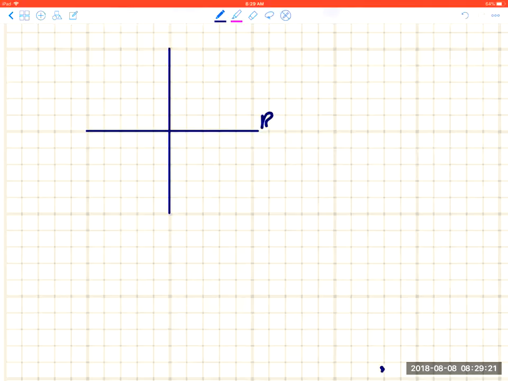This looks like a Cartesian system because it's based on a square grid. But what I'm going to do is label the horizontal axis as the real part and the vertical axis as the imaginary part. So think about that number 3 plus 0i. 3 is the real part, 0 is the imaginary part.